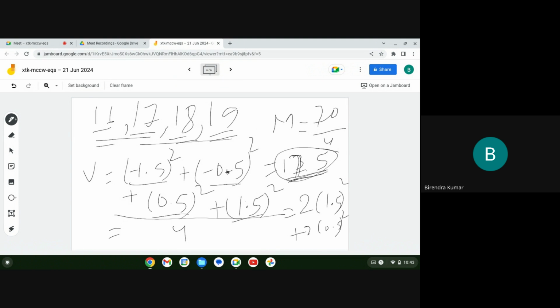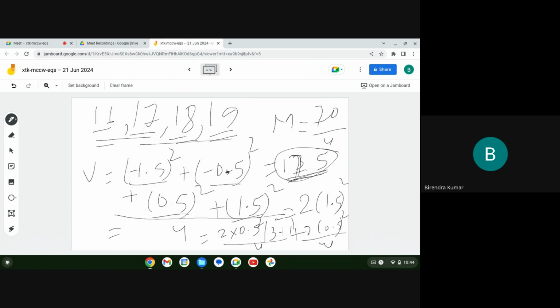So 2 into 0.5 square, 1 into 0.5, that gives 0.5.